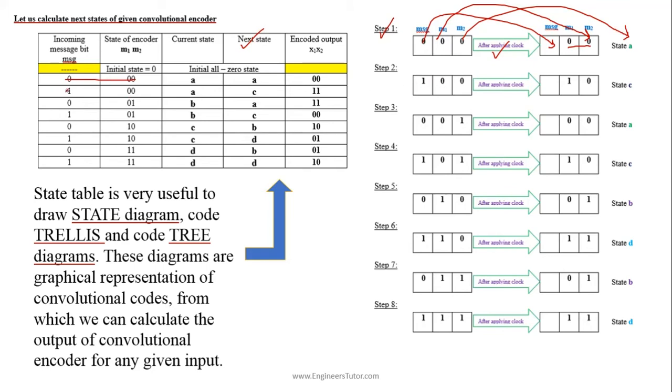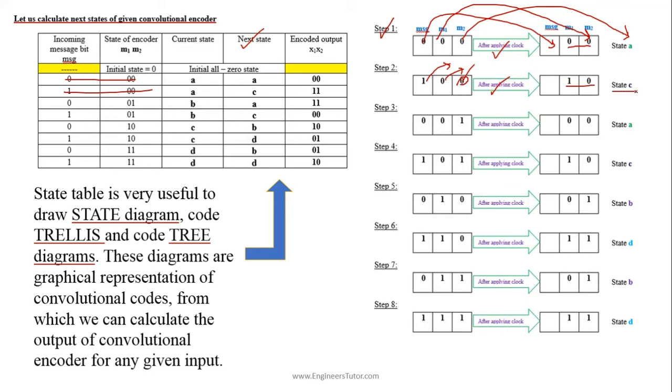In the next case, 100: after applying the clock pulse, this 0 is discarded and this 1 moves to the next stage by a right shift of 1 bit, so the contents become 10.